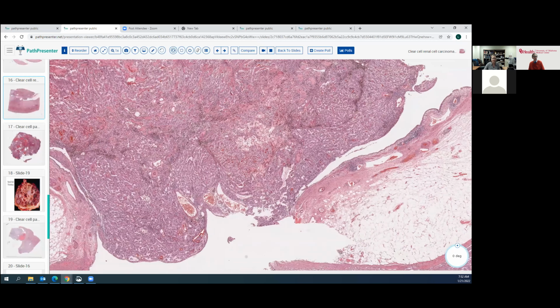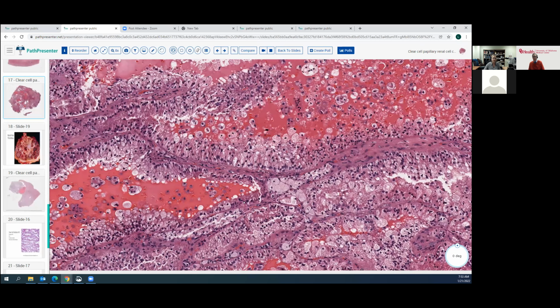Got some nice fibrovascular cores lined by predominantly clear malignant cells. We've got some stratification to pseudostratification, and then we have these nice little islands of histiocytes within the fibrovascular cores, which now puts us into a papillary renal cell carcinoma.